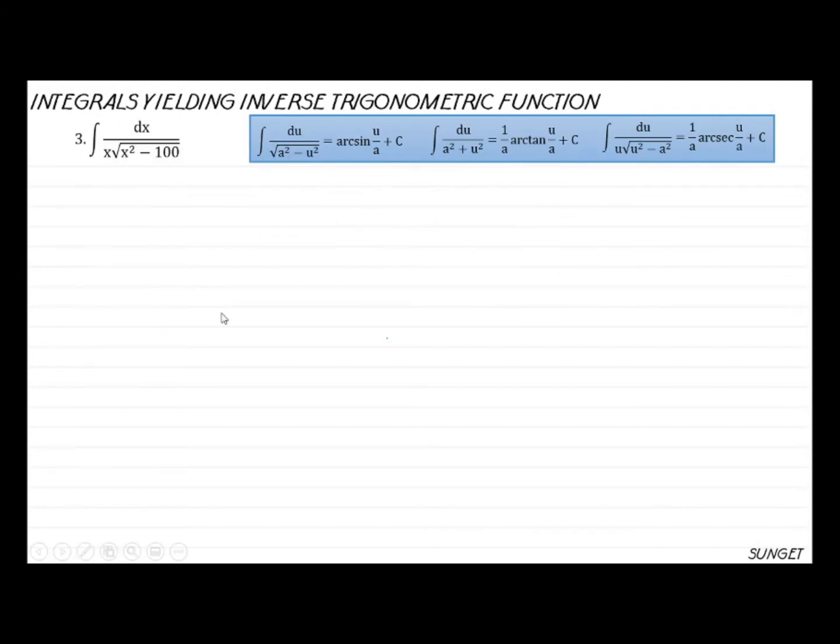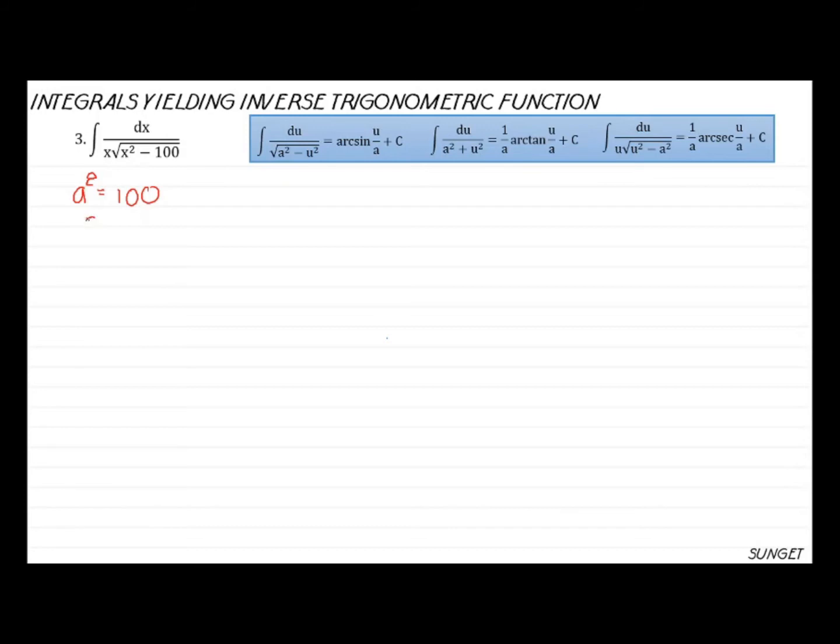Example number 3. Evaluate the integral of dx over x times the square root of x squared minus 100. First, identify the value of u and the value of a. We have a squared equal to 100.